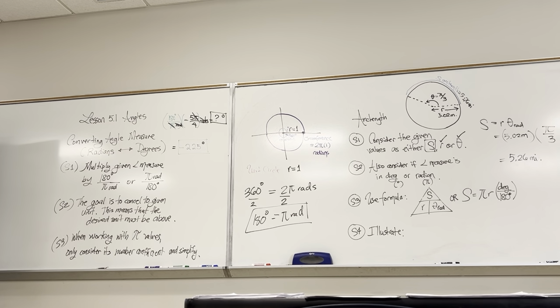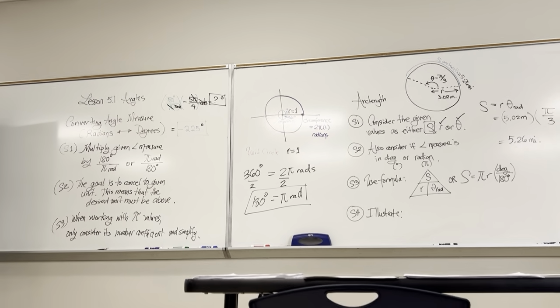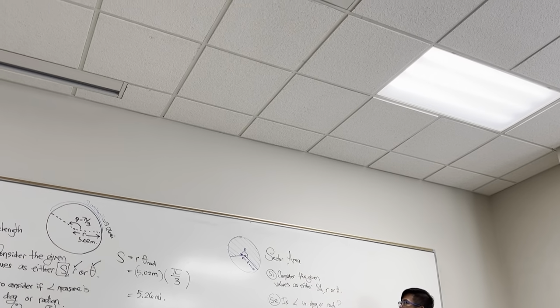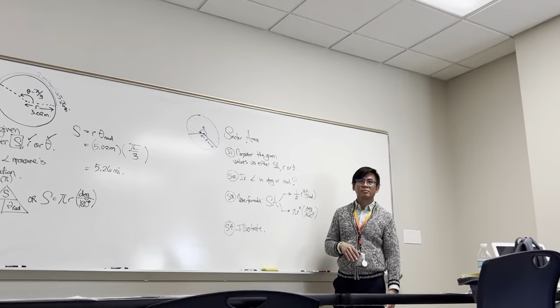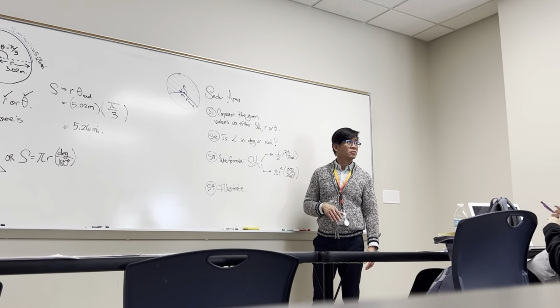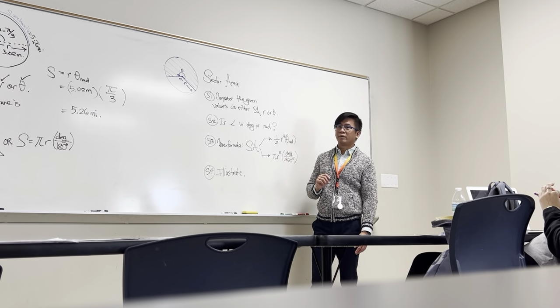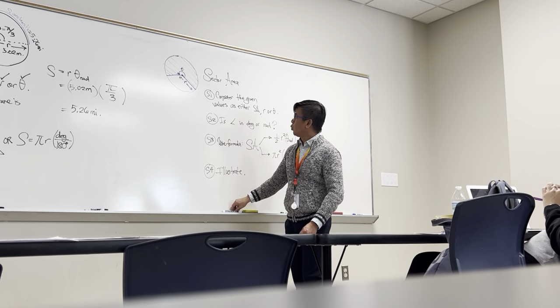Okay, let's read step number 1. Consider the given values for the radius and the degree. In this case, what is the given in there?